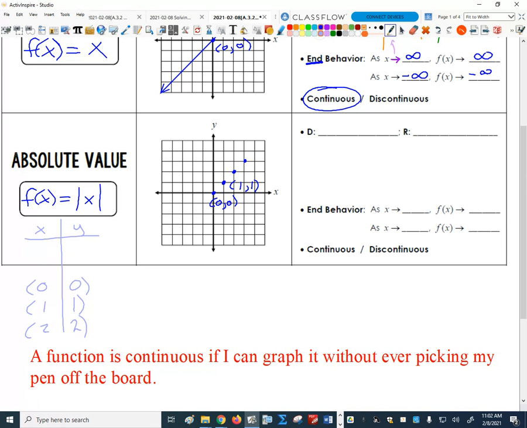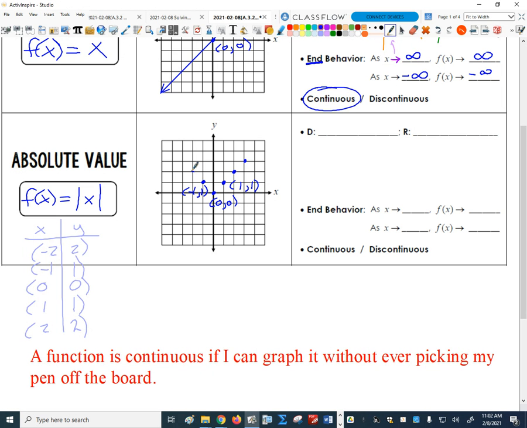What about some negatives? If I input a negative 1, what's the absolute value of negative 1? Positive 1, yeah. So I get the point negative 1, positive 1. And if I keep going, if I input a negative 2, absolute value makes it positive, so the output is positive 2.